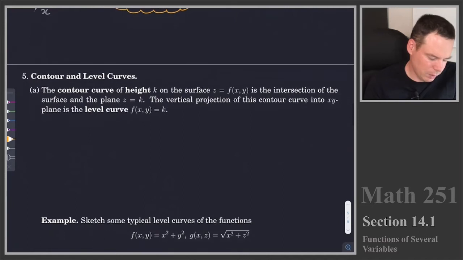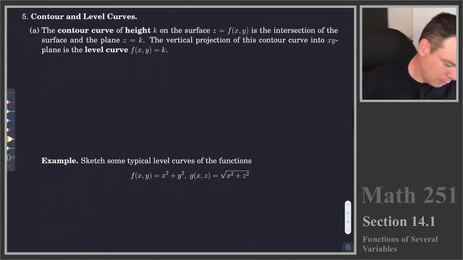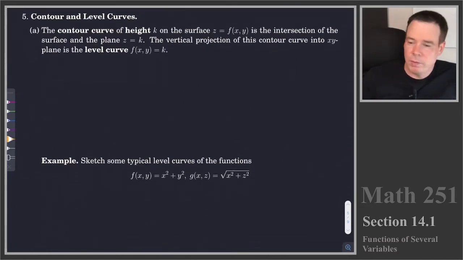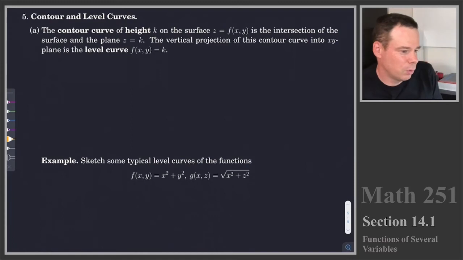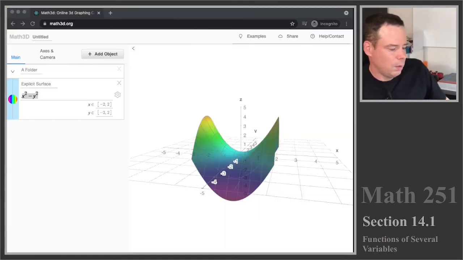Okay, how do we visualize functions of several variables? Well, we could use graphs like we've just been doing, but sometimes those are complicated to get a hold of. Sometimes even sketching them in a graphing utility, maybe I'll just pop over to a graphing utility right now, and we'll get a sketch of that last one.